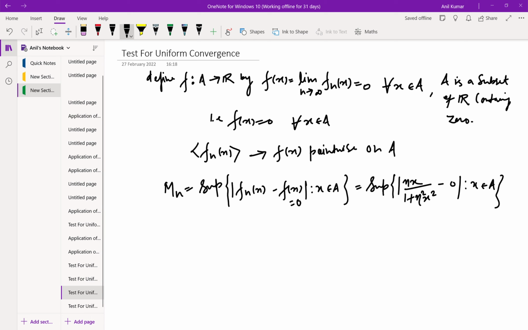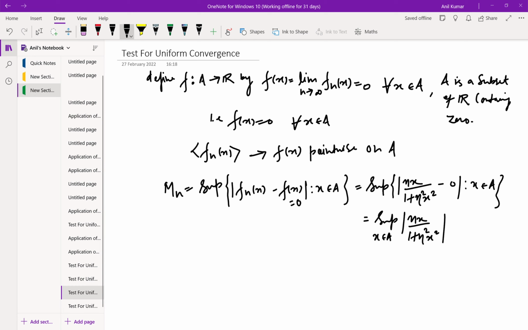So see, this is the supremum of, x is coming from A, modulus nx by 1 plus n square x square.